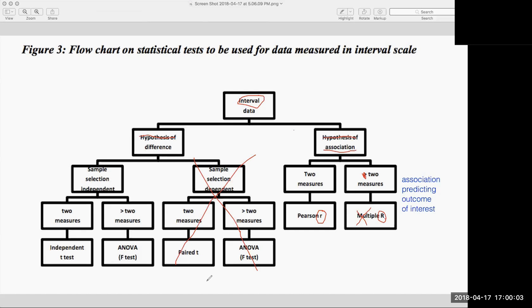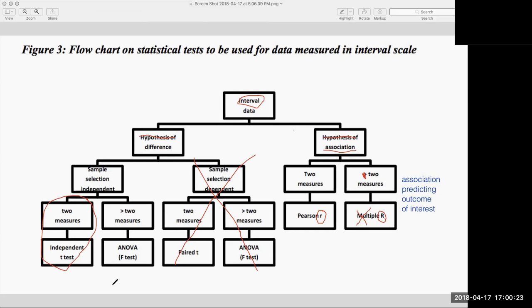What we're really interested in is going to be this right here, where we have our two measures, and our sample selection is independent in the sense that we have two groups, and we're not measuring the same person before and after a treatment.